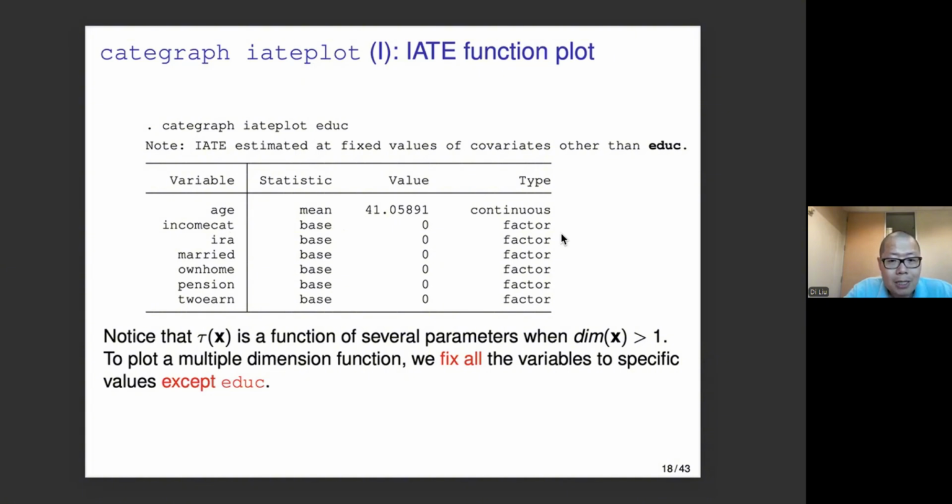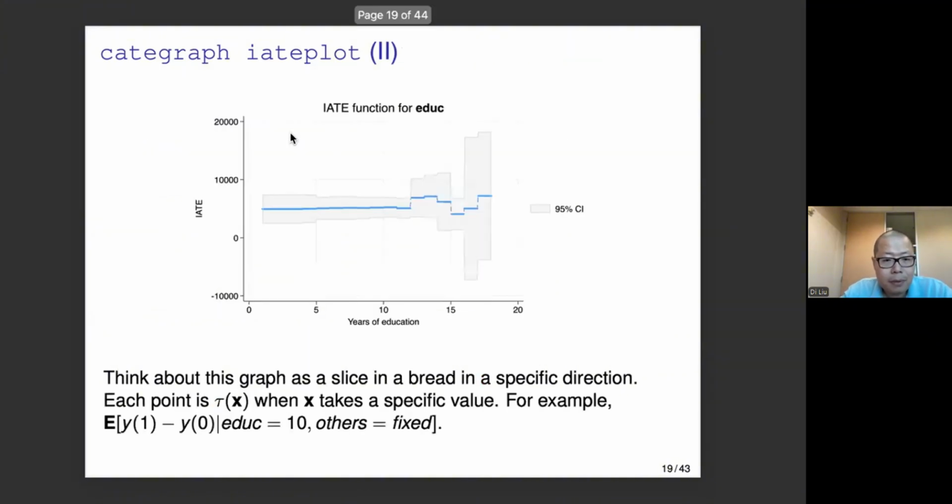By default, the continuous variables are fixed at the means, and the factor variables are fixed at the base levels. Think about the ITE plot like we have a bread, and we cut the bread in a certain direction, and the cut surface is the ITE plot. So what does that function look like? This is the result.